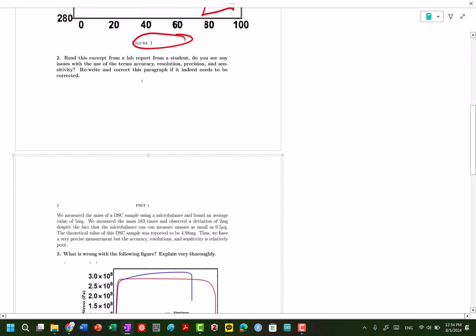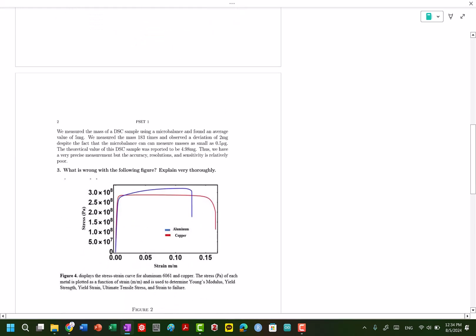All right, reread the excerpt from a lab report from a student. Do you see any issues with the terms accuracy, resolution, precision, and sensitivity? Rewrite and correct if it needs to be corrected. So we've measured the mass of a DSC sample using a microbalance. We followed an average value of this. We measured the mass 183 times, good, n greater than 30, so that means large sample size.